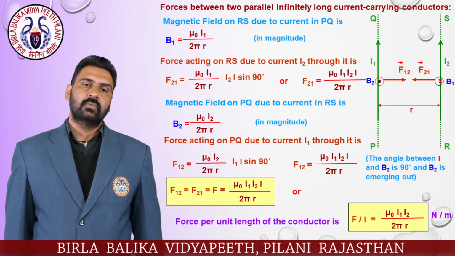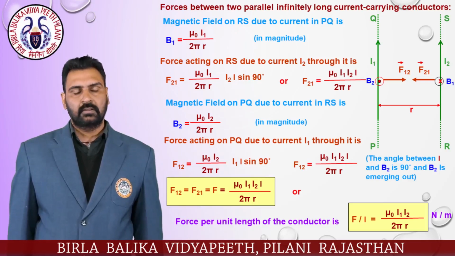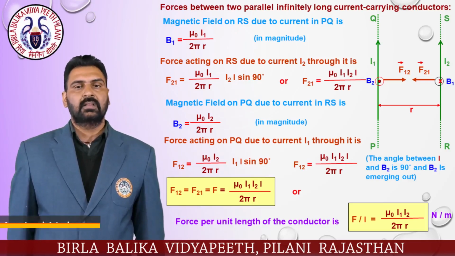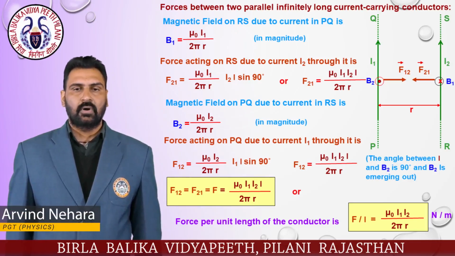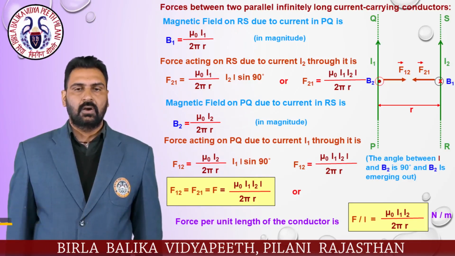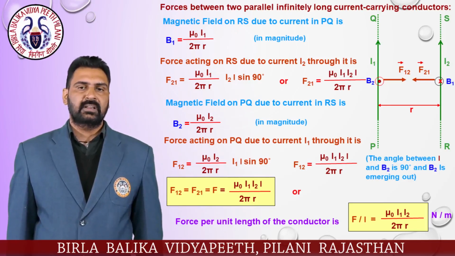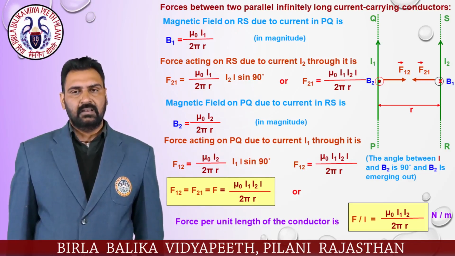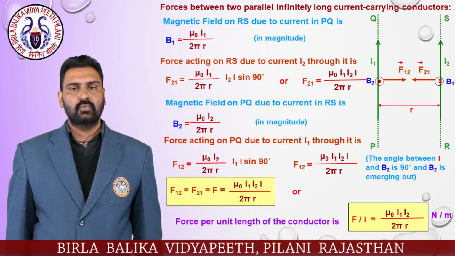So force on first due to second is equal to force on second due to first, which is equal to F = mu naught I1 I2 L / 2 pi R, or force per unit length of the conductor can be written as F/L = mu naught I1 I2 / 2 pi R newton per meter.